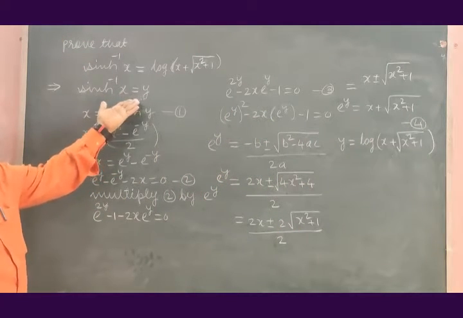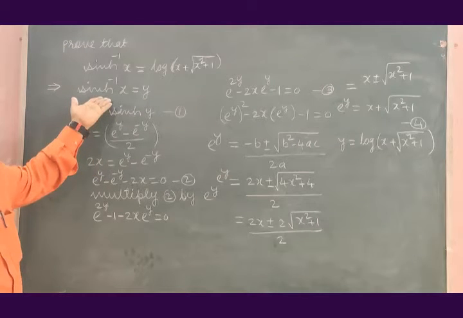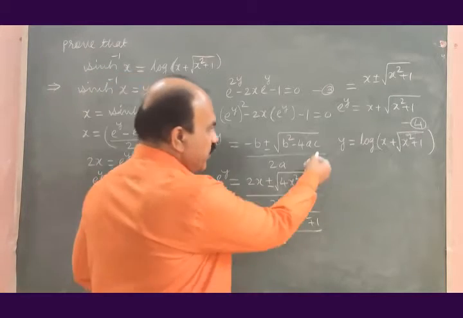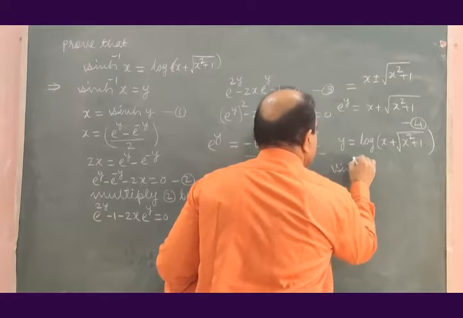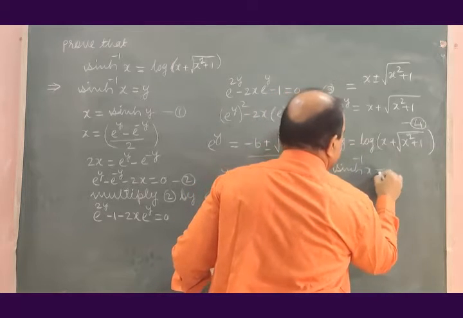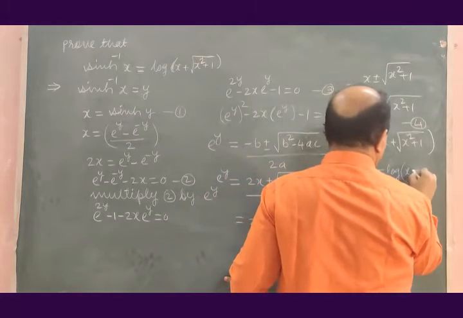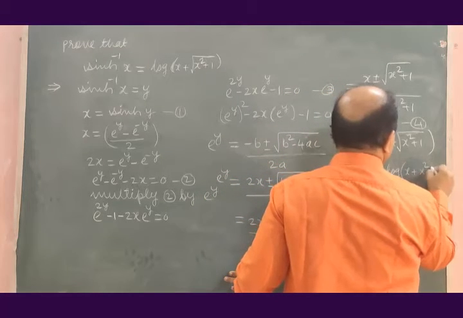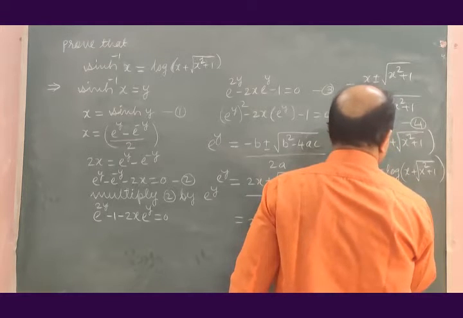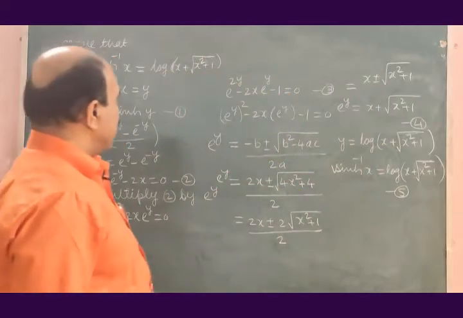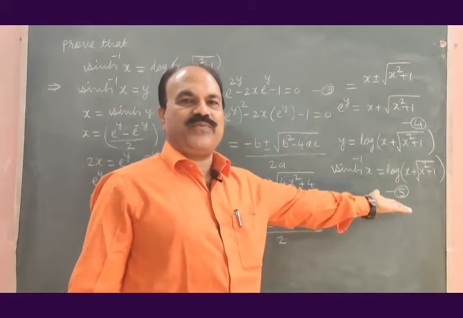According to this equation, y is inverse sine hyperbolic x, and so I can write here inverse sine hyperbolic x is equal to log of x plus square root of x square plus 1, equation number 5, and you are asked to prove this, hence the proof.